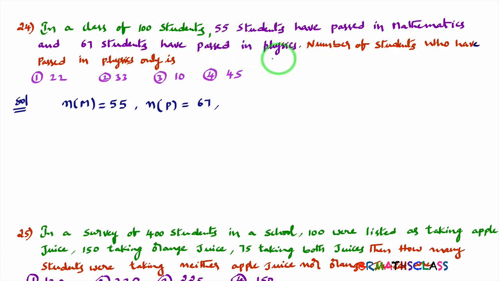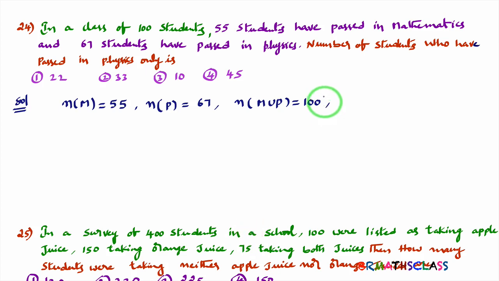What does it tell? It tells that all the students in that class attempted mathematics and physics only. That means all the students in that class already attended the exam of mathematics and physics. That means N of M union P is 100. This information is not given directly in the question; you need to understand it after reading the question.